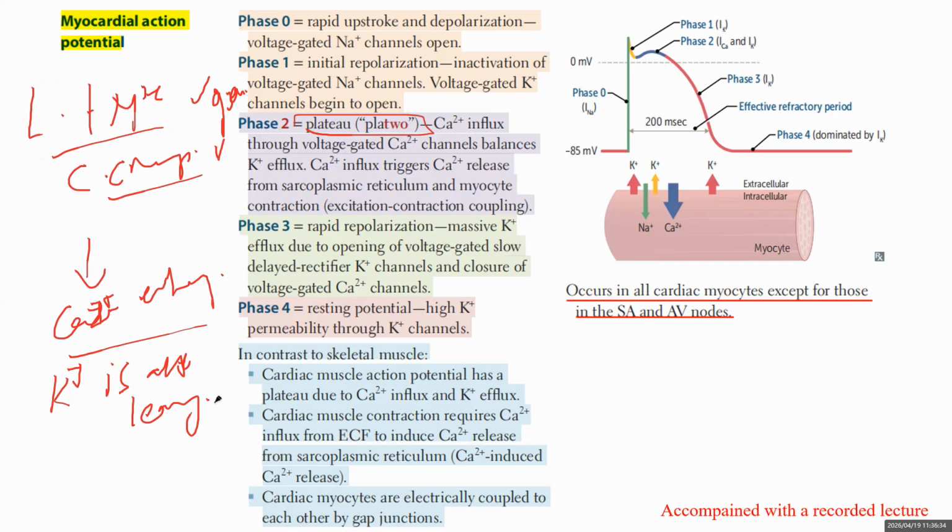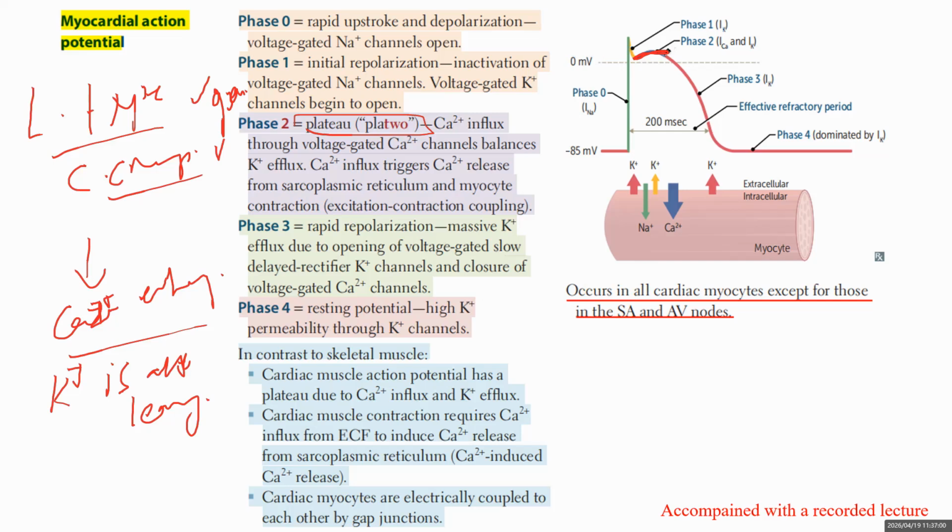But if only calcium were entering, the membrane would remain strongly depolarized. But here, both events are happening together: the inward calcium current and the outward potassium current. So these two currents balance each other for some time, and because of this balance, the membrane potential remains almost flat for a small time.